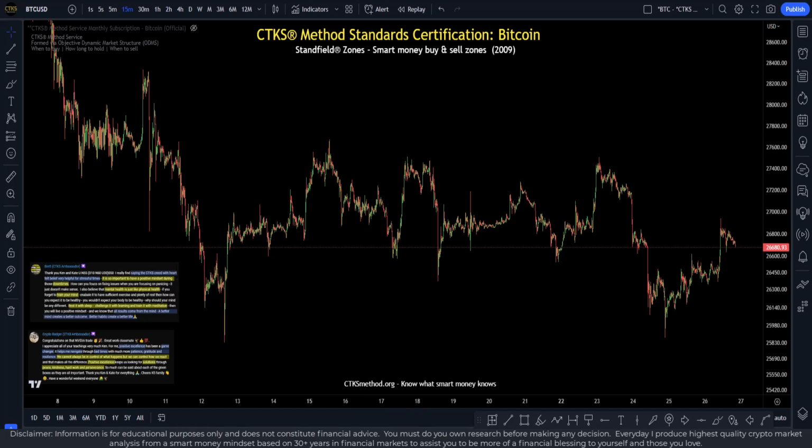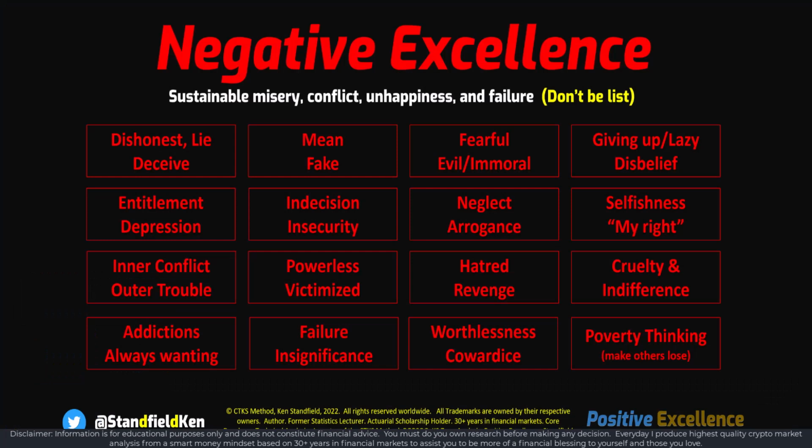If you look at positive excellence and you try to do the things that it recommends, you will be in the top 5%, the elite area of this world, because people don't embrace positive excellence typically. Typically, they embrace its ugly cousin, negative excellence. Negative excellence is real ugly.